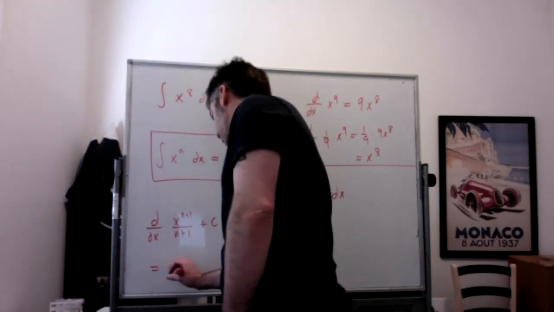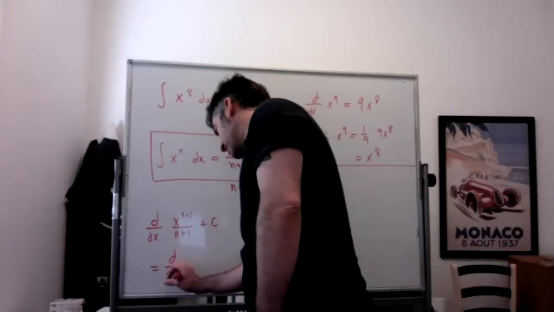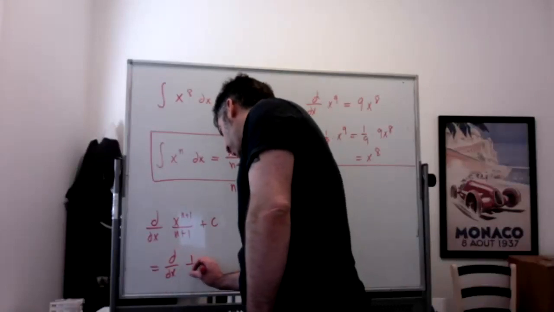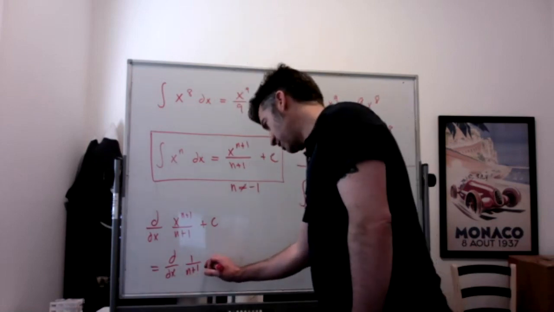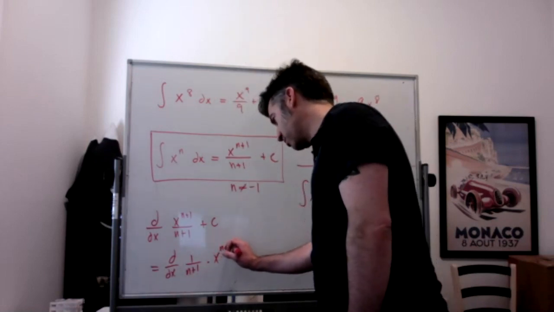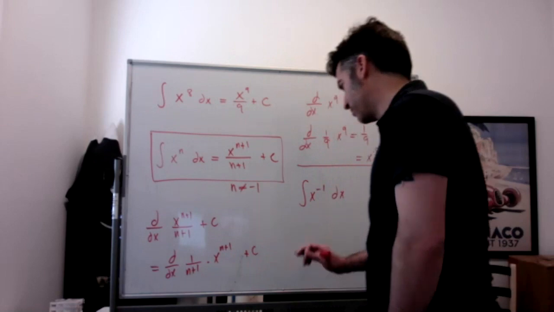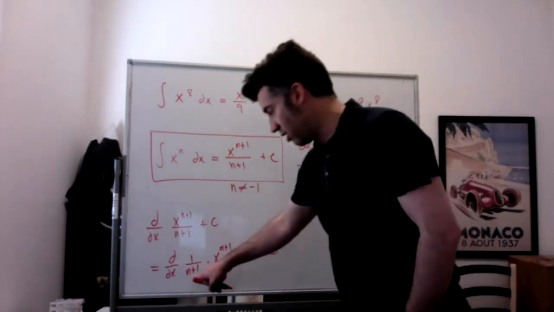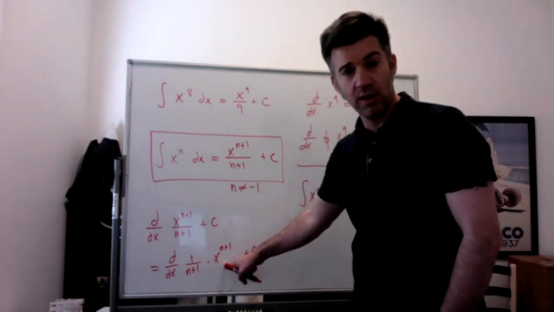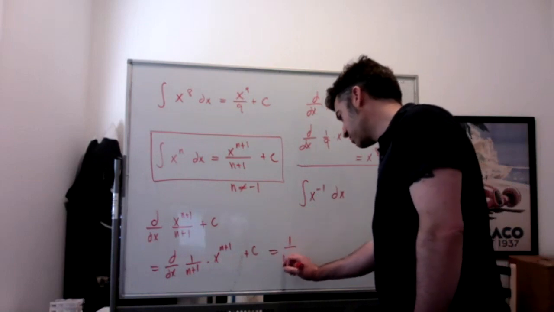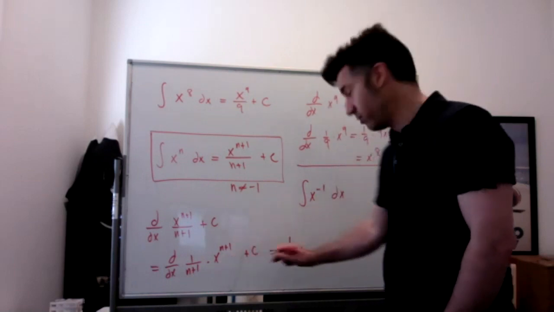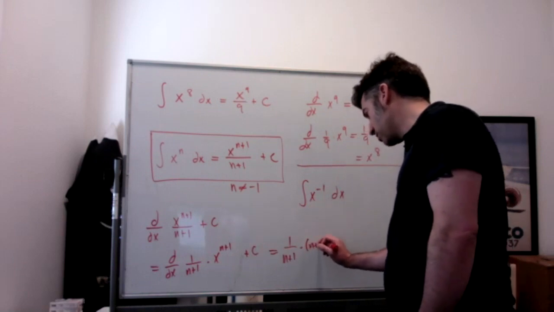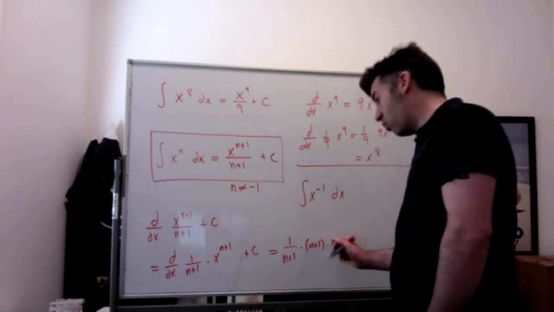That derivative is going to be, well, I'm going to rewrite this as the derivative of 1 over n plus 1, which is a constant, times x to the n plus 1 plus c. The derivative of a constant times a function, the constant just hangs out and multiplies the derivative function. The derivative of x to a power is that power times x to the 1 less power.